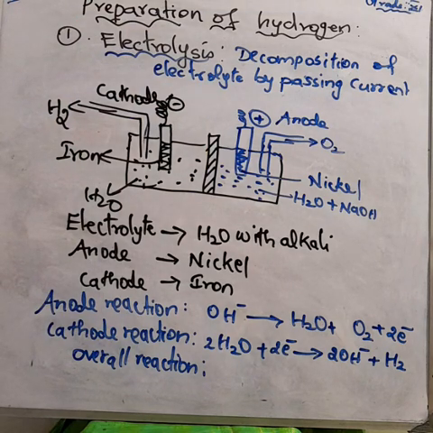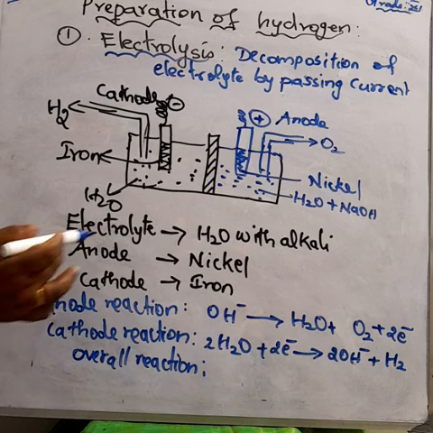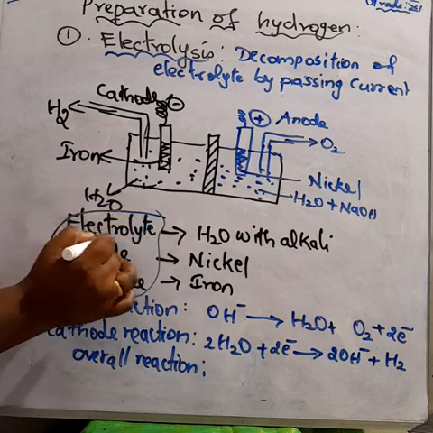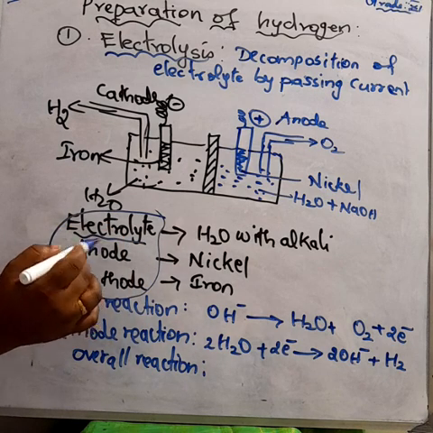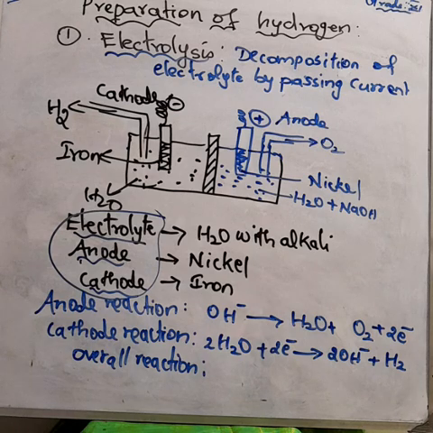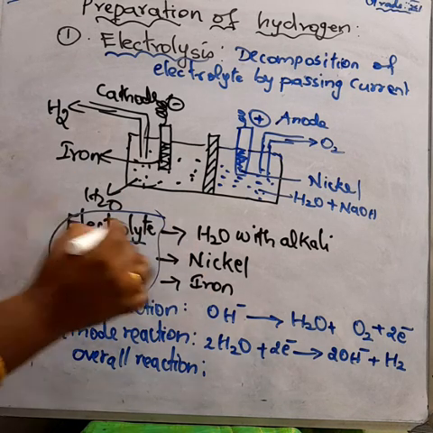Here for the electrolysis, 3 substances we need. What are the 3 substances? First, electrolyte. We need electrolyte, anode and cathode. For the electrolyte we are taking water with a little alkali.